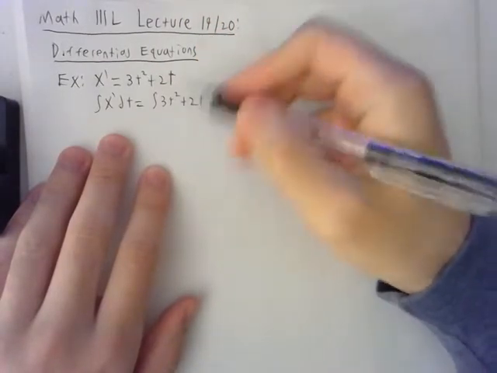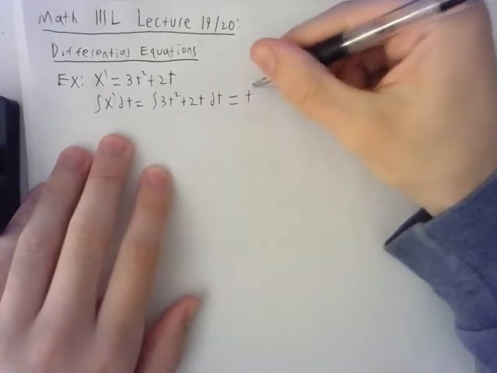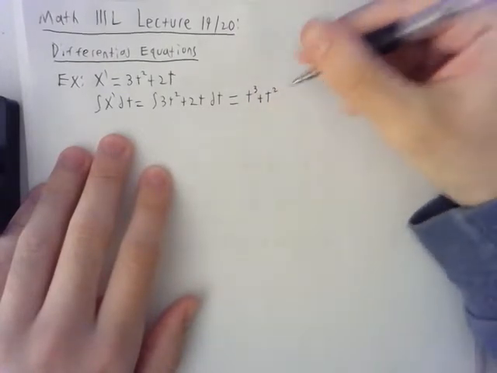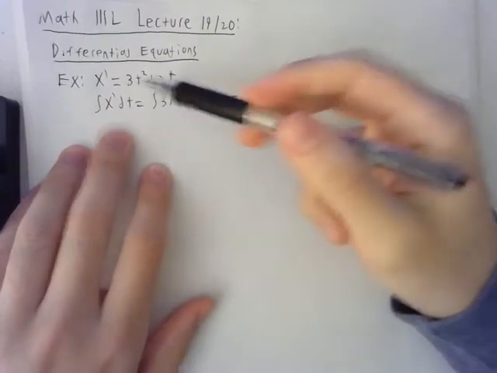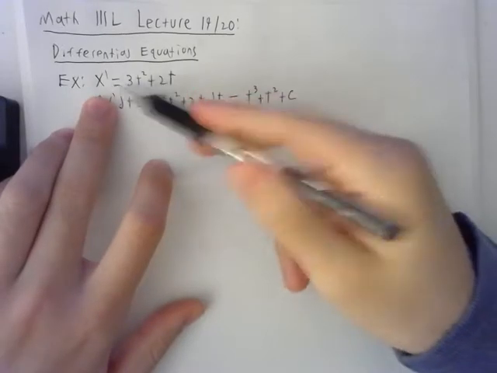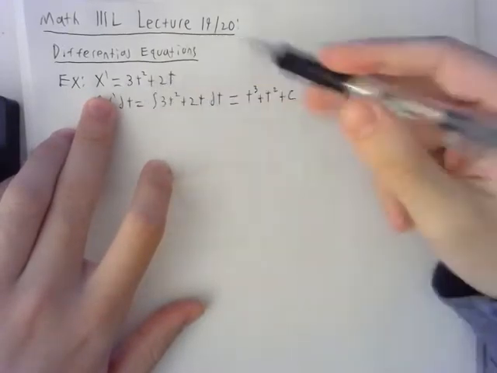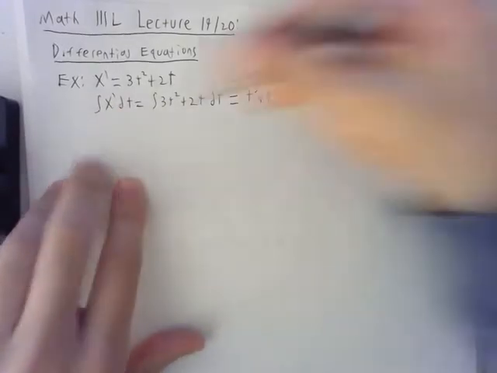So we know the antiderivative of this function using the inverse power rule will be t cubed plus t squared plus some constant. So this is sort of the simplest example of a differential equation we can come up with. We just have x prime equals some function, and we can solve for what that function is by antidifferentiation.